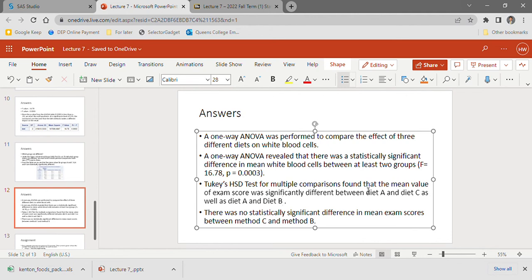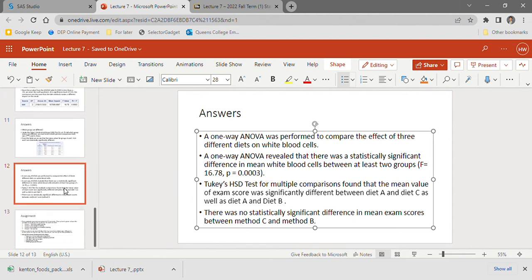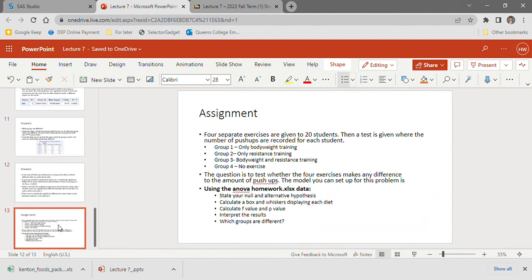So this is how you have to frame your answers and your results. You would just plop in your numbers here and then find out which groups are actually different from your perspective, all right?